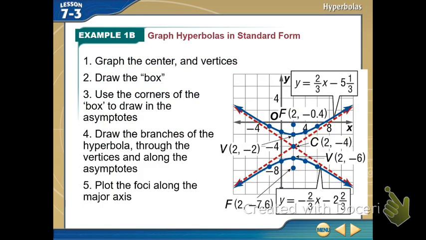Okay, so quick summary of how we graphed. We started by plotting the center. So the center was at (2, -4). We always want to graph the center first.